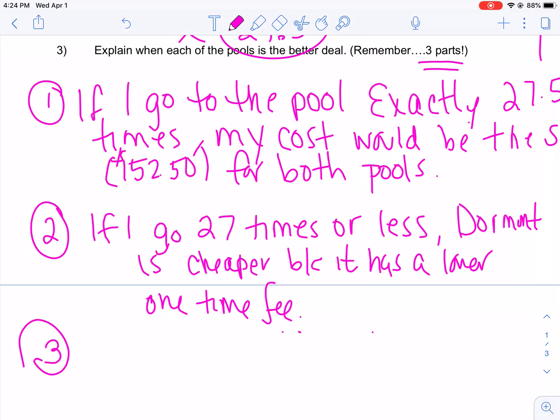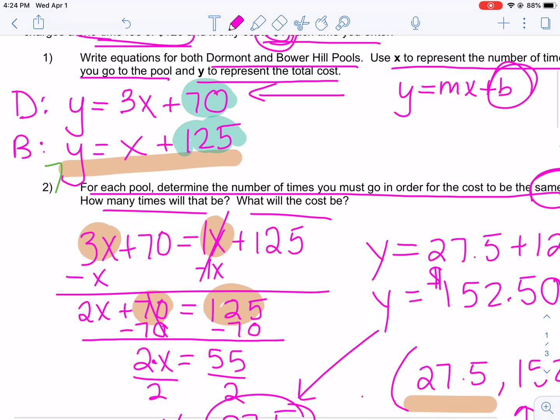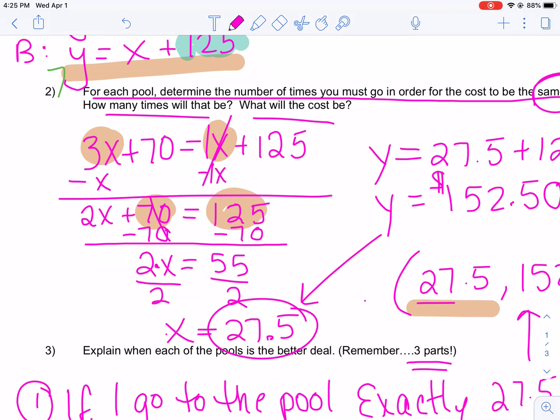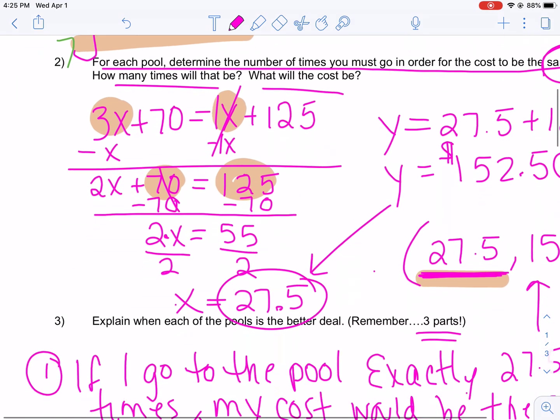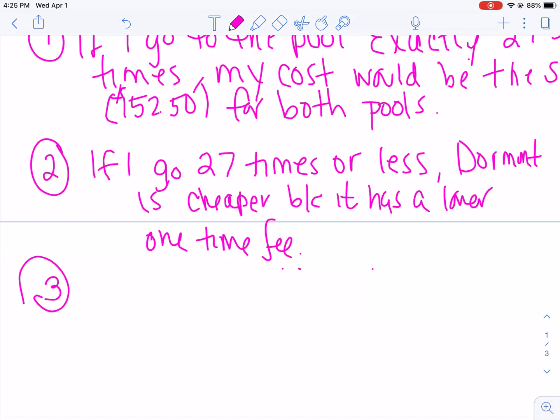And then my third and final part is if I go 28 times or more. Remember, 27 and a half is where they were the same. So you can't go to the pool half a time. So round up, right? If I go 28 or more times, that's when Bower Hill is going to be less expensive, because although you have a higher sign-up fee, each time you go is only going to cost you $1.